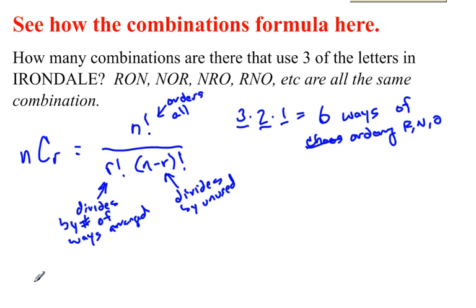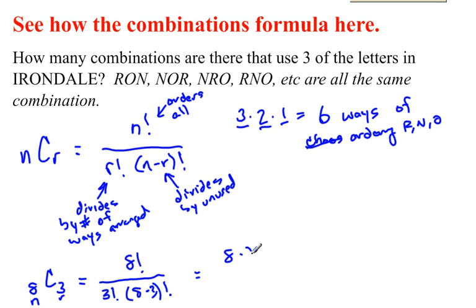All right, so let's try this out. We have 8C3. On top we have 8 factorial. On bottom we have 3 factorial, because that's our r. And then we also have 8 minus 3 factorial. So we've got 8 times 7 times 6, 5, 4, 3, 2, 1.